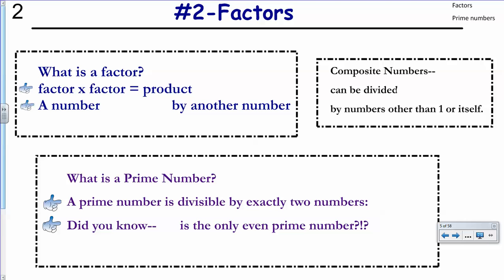In an English way, like in a sentence way, we could say a number. What operation are we doing? We're multiplying. So a number multiplied by another number. So you need to write in multiplied in your notes packet.